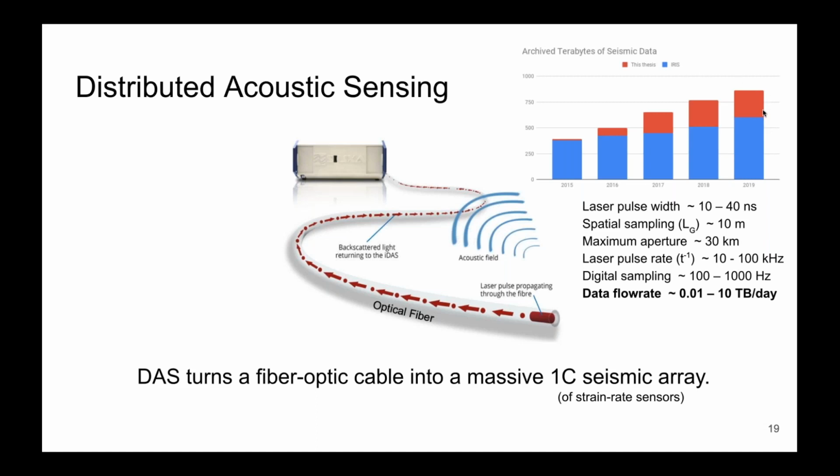The transition from large-N seismology to large-N seismology with DAS is going to be a very large problem, and has been pitched as a disaster by the directors at IRIS at the most recent AGU meeting. So I think that is the picture of what DAS is, and hopefully that at least answers some of the questions about what DAS is.